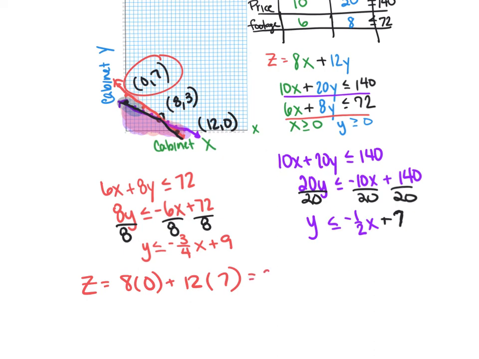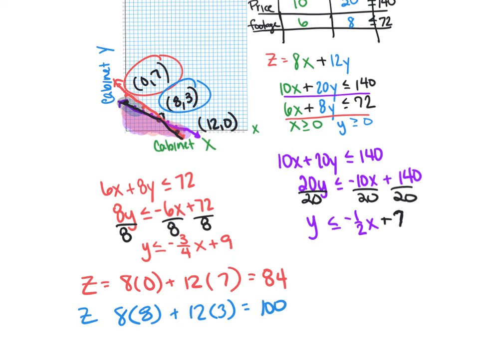That's 84 cubic feet. Next one, 8, 3. Z is equal to 8 times 8 plus 12 times 3, so that is 64 plus 36, which is 100 cubic feet.